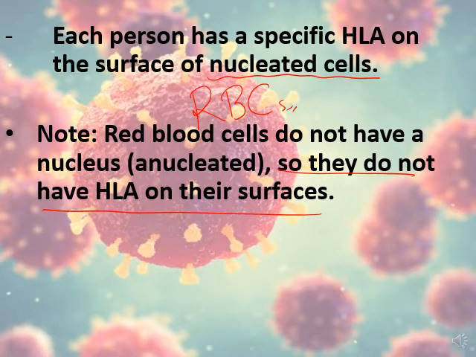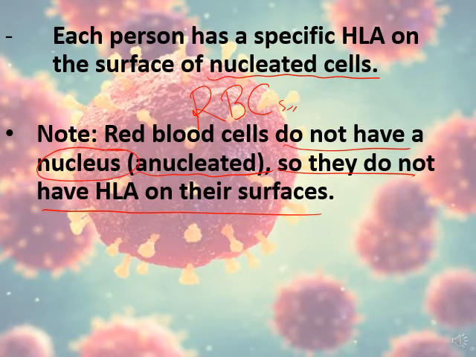That's why we can donate blood to any person. So the immune system will not attack these red blood cells and will not consider them as non-self. Why? Because they are anucleated, meaning that they don't have a nucleus.